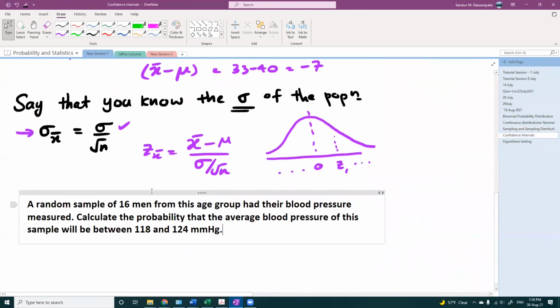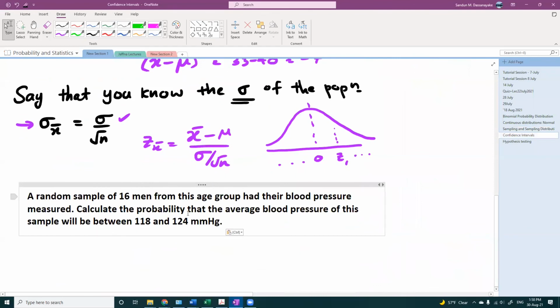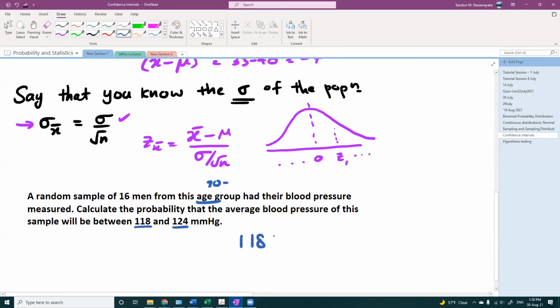So a random sample of 16 men from this age group, that is 30-year-old men, was measured. Calculate the probability that the average blood pressure of this sample will be between these two values. So we did that question. What is the probability that the X bar value is between 118 and 124?